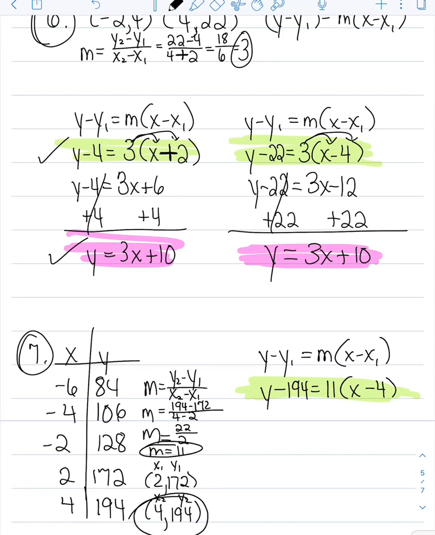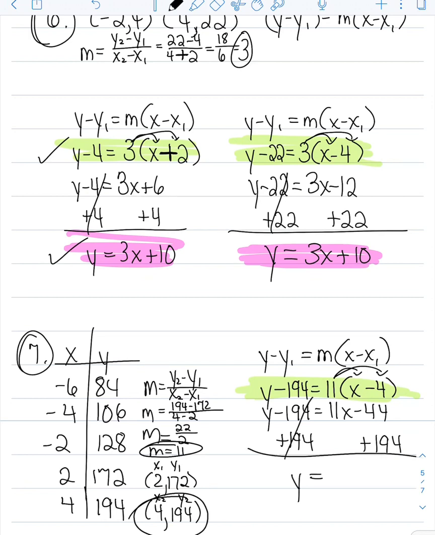I still want us to practice changing this to slope-intercept form. So let's do the distributive property. Y minus 194 equals 11x minus 44. I'm going to add 194 to both sides.